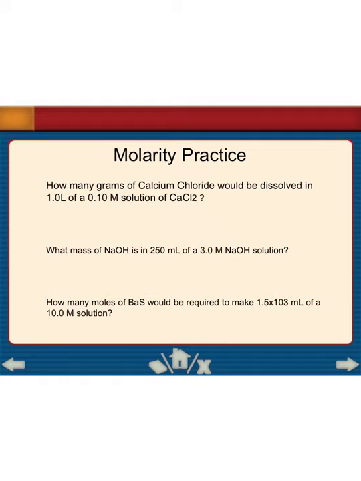If you think all the way back to the very beginning, we have 0.10, write out molarity, moles per liter of calcium chloride.